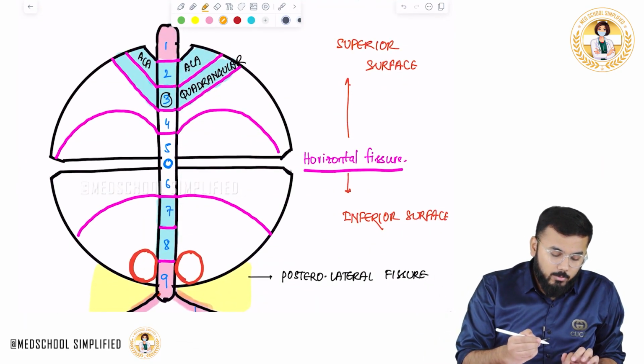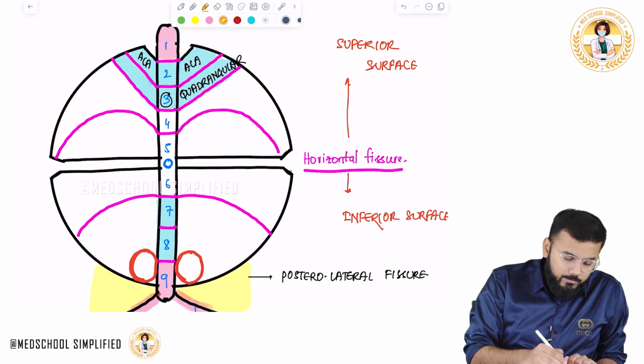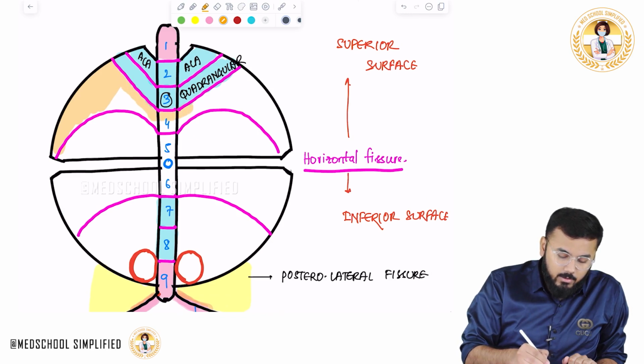So posterior lobe or middle lobe, see this part, from the fissura prima all the way down like this. This entire part which I am highlighting right now is your posterior lobe or middle lobe.